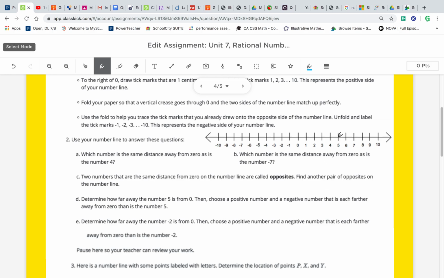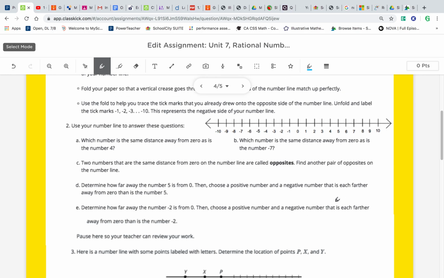Well, all we have to do, if 0 is here and 5 is here, is just move further away, like 6 or 7 or 8. Any of these are all going to be further away from 0, right? As will their opposites. So 6 is further away from 0 than 5, and so is negative 6 and negative 7, right? These are all further away from 0. If you look at where 0 is and compare it to where the pencil mark is, we're getting further away as we move this direction or as we move this direction.